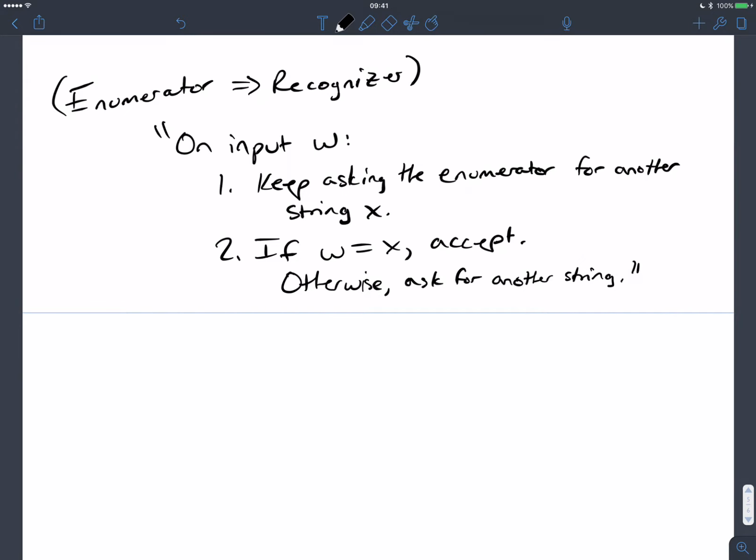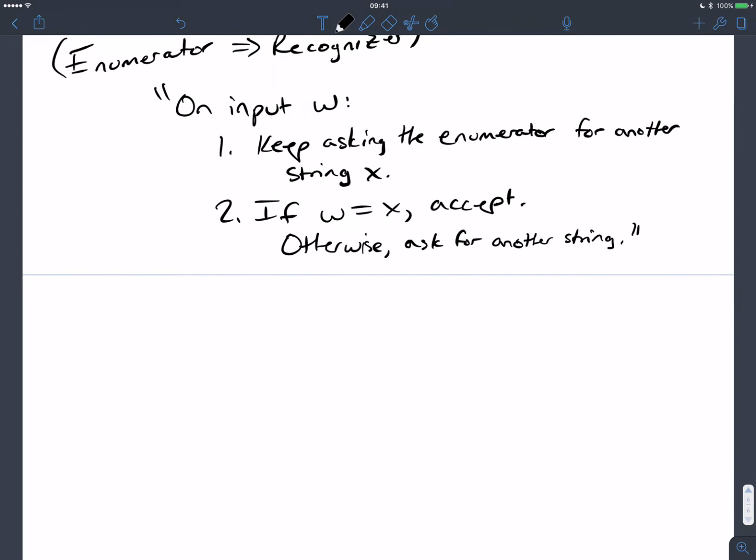The way that you can show that is you can imagine that a language is just an element of the power set of sigma star, because it's just a subset of sigma star. Well, the set of all subsets of sigma star, a countable set, is an uncountable set. But a Turing machine, you can think of as, let's say, a computer program, that is a very long binary string.